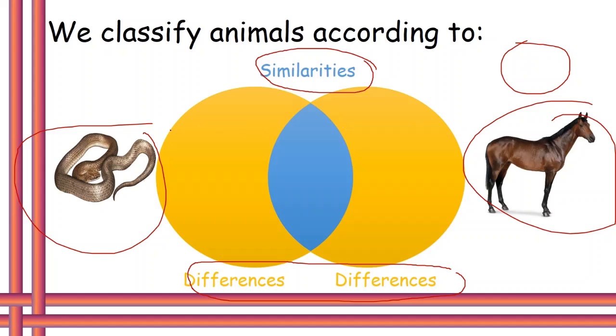Okay, and the snake will belong to the class of lizard because snake and lizards crawl. يعني اتنيناتهم بيزحفوا. Okay, so the second parameter is the similarities and differences.